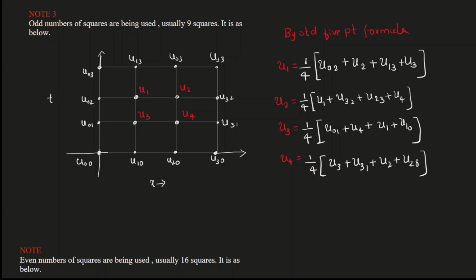These are the values u1, u2, u3, u4 you are going to find using the standard 5-point formula.